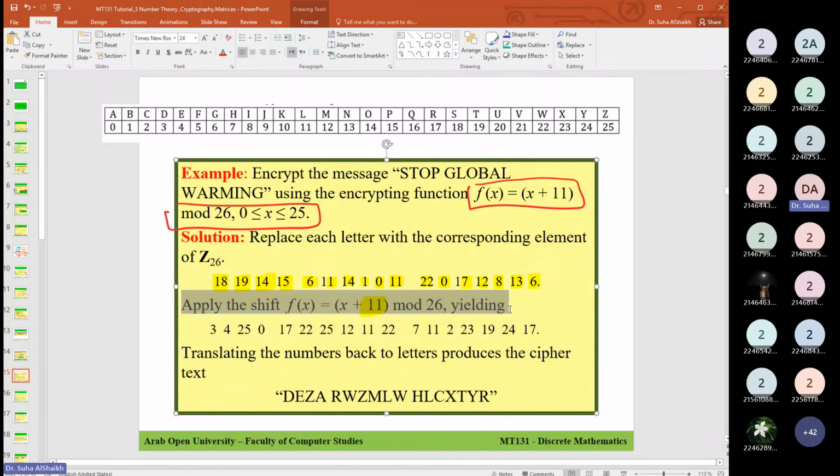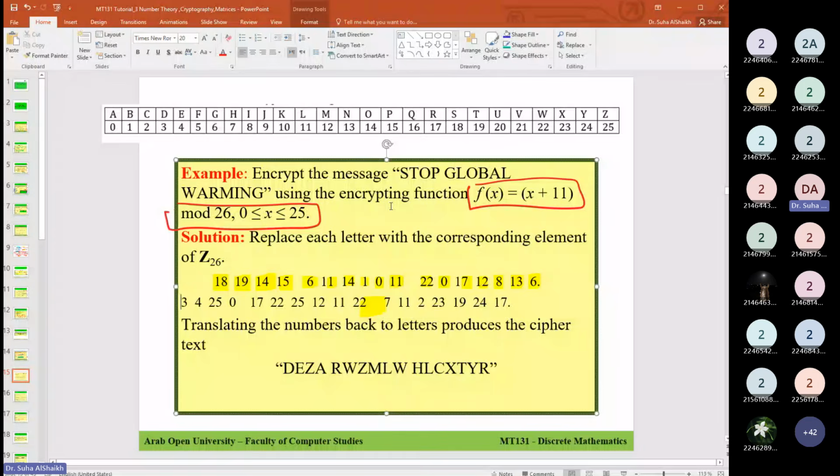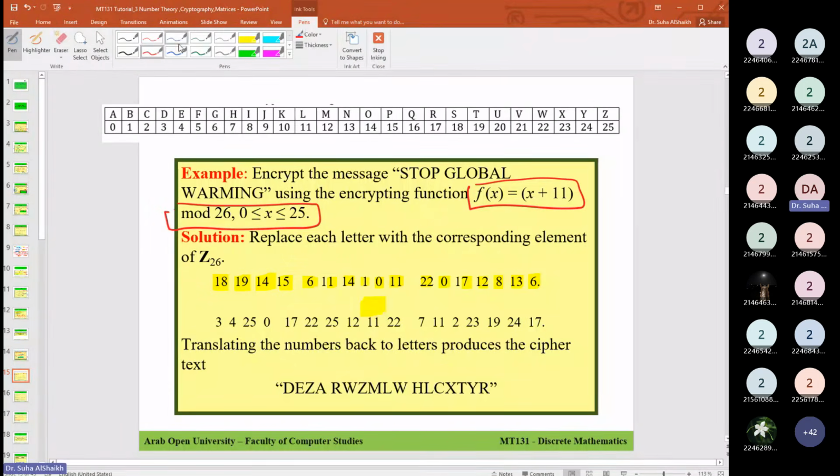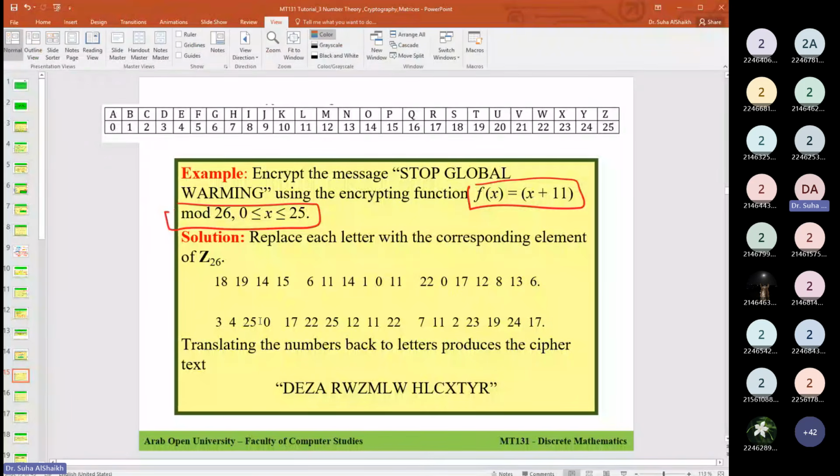Let's see what's happening here. I'm going to count this. So add 11 now.